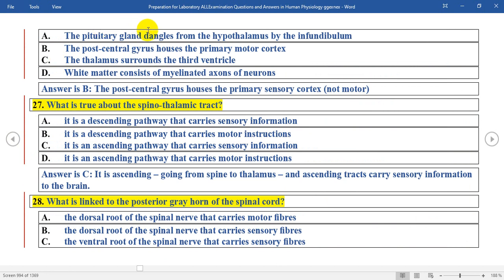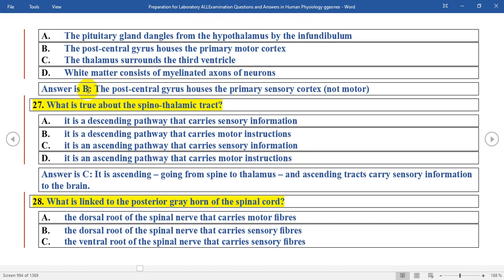The pituitary gland dangles from the hypothalamus by the infundibulum. The postcentral gyrus houses the primary motor cortex. The thalamus surrounds the third ventricle. White matter consists of myelinated axons of neurons. Answer is B.